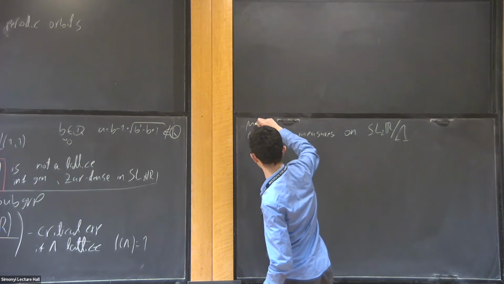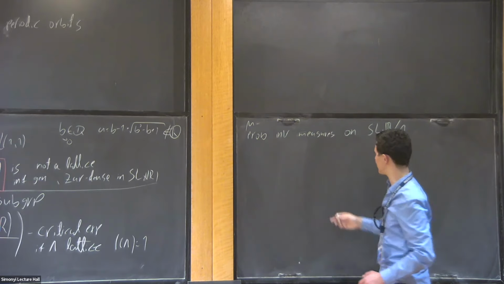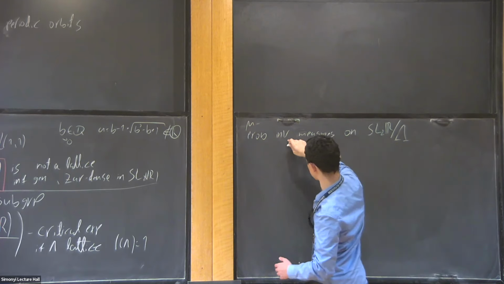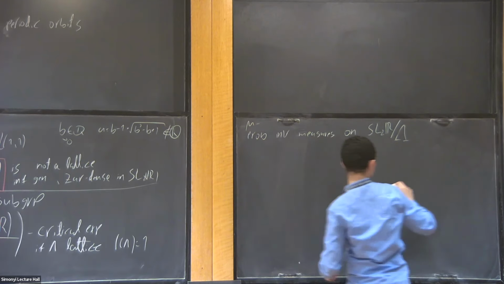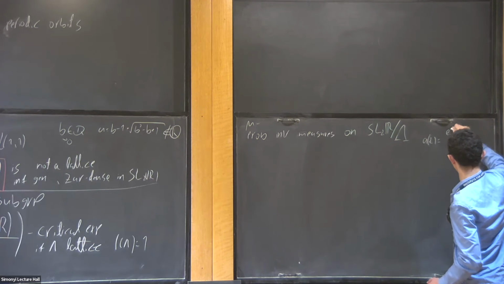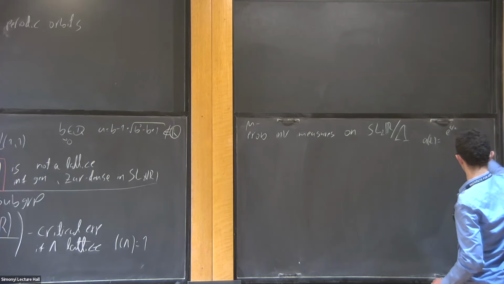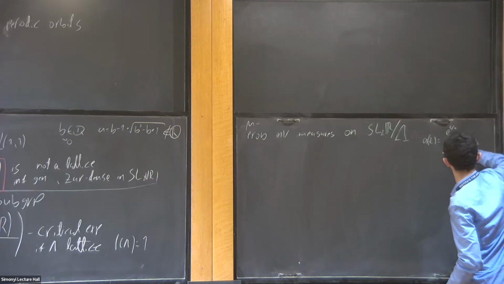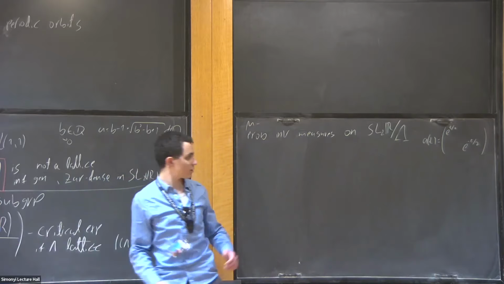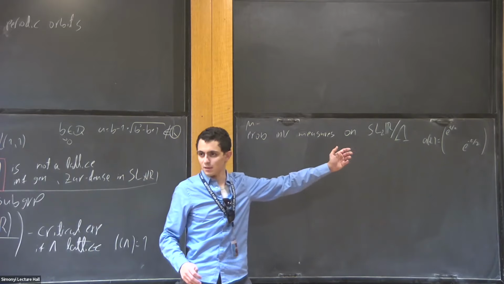So if mu is a probability invariant measure on SL2R mod lambda, invariant with respect to, okay, that's a good question. Let's write A of t equals e to the t over 2, e to the minus t over 2. This is a matrix chosen so that it has exactly size t.